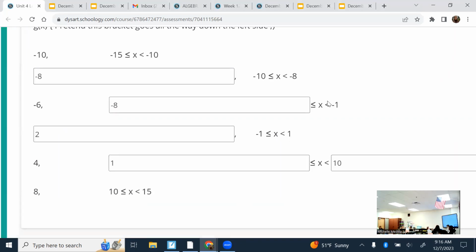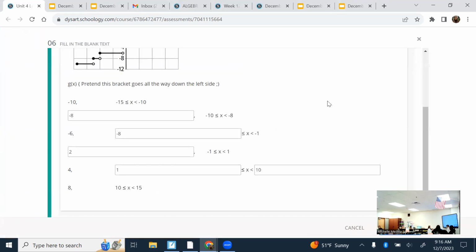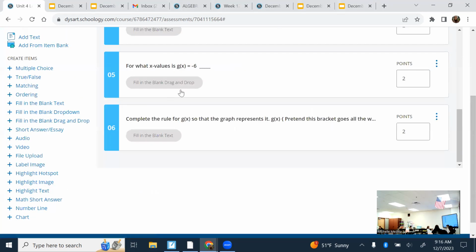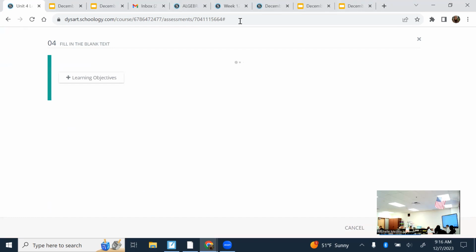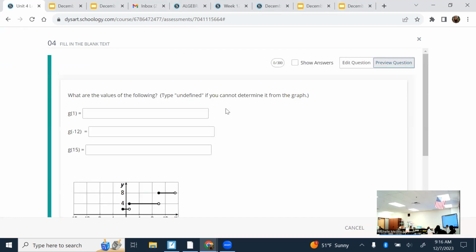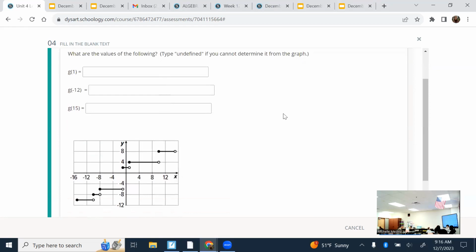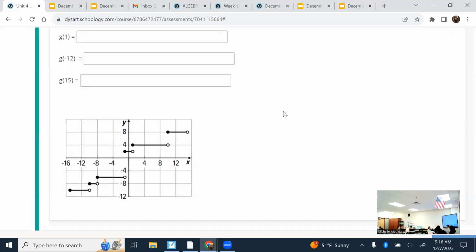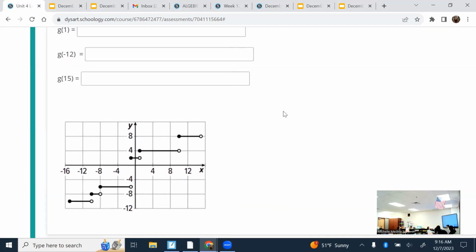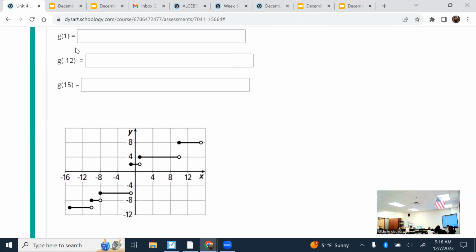Number 4. All right, so on this one, what are the values of the following? Type undefined if you cannot determine it from the graph. So they're all in function notation. When they're giving you a value inside parentheses, is that an input or an output?